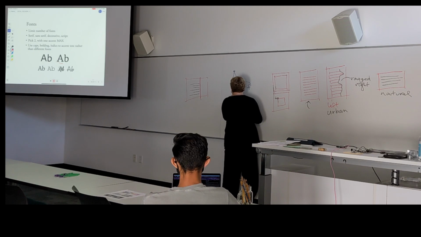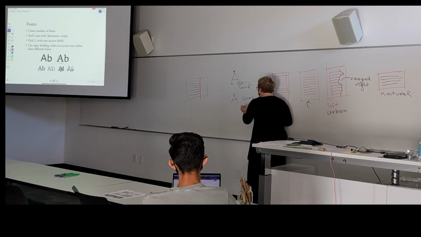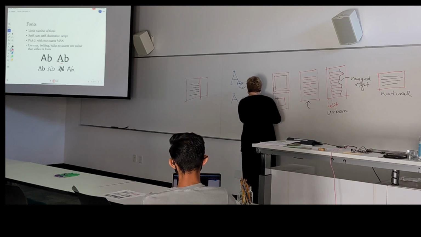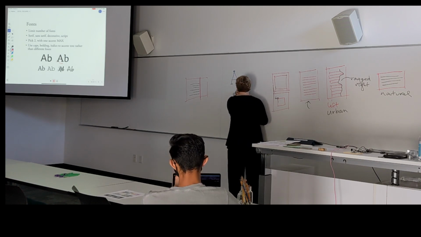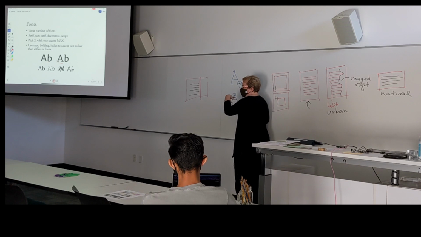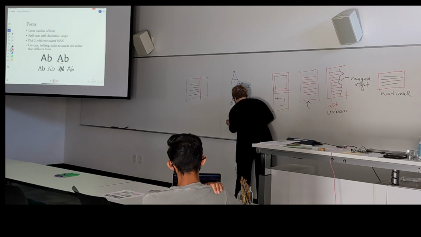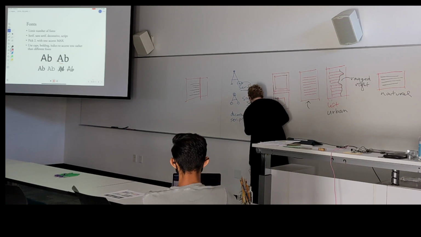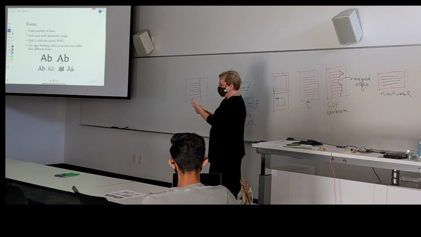And then we have a sans serif font, sans meaning without in French, so without serif, which does not have the feet. So a serif font, a sans serif font, and then the way I classify the others is decorative and script. Right? So four categories of fonts.